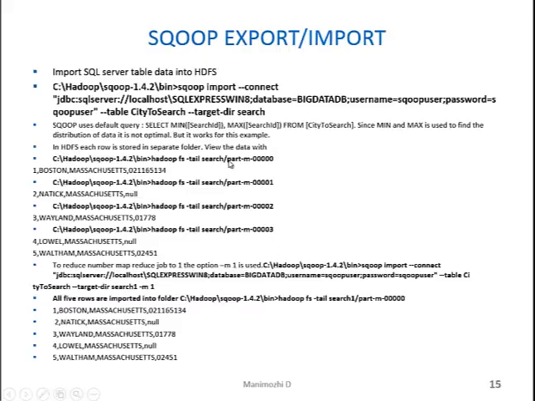Then in HDFS, Sqoop is by default deployed, or is already in the Hadoop folder. So I can open a command line tool and go to the bin directory of the Sqoop installed files, and from there I can execute Sqoop commands.